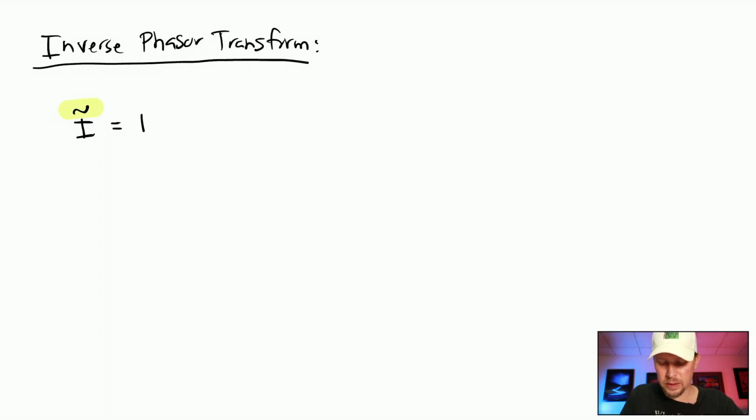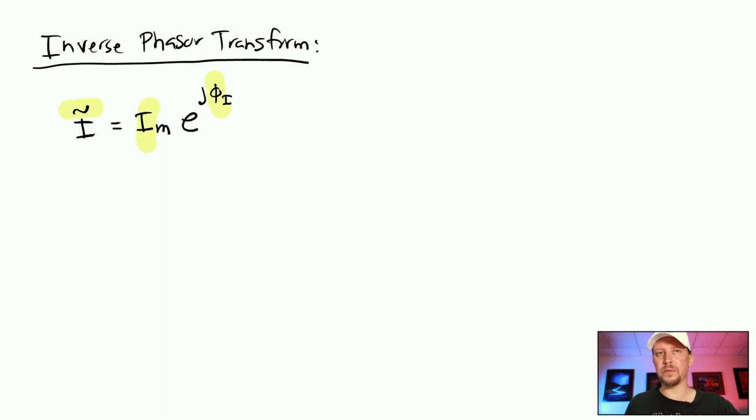The first is some magnitude, and it's also going to have an angle of the form e to the j phi I. Notice that there's no temporal portion whatsoever. This right here is the magnitude. This is the phase of the phasor.